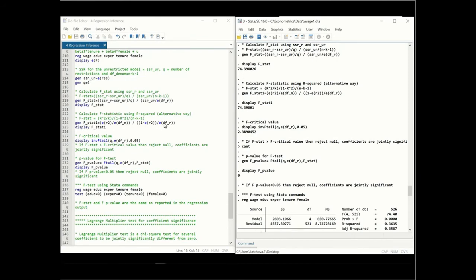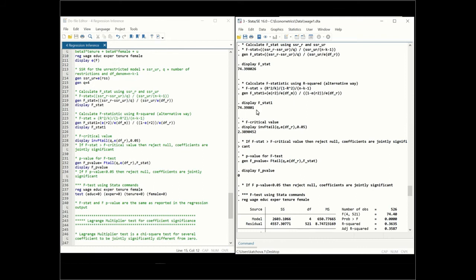And the one interesting fact is that we can actually calculate the F statistic using R squared in an alternative way. And this is just by using the R square here and 1 minus the R square here. And this is, again, the degrees of freedom in the numerator and denominator, that's actually the degrees of freedom in the model versus the residual.